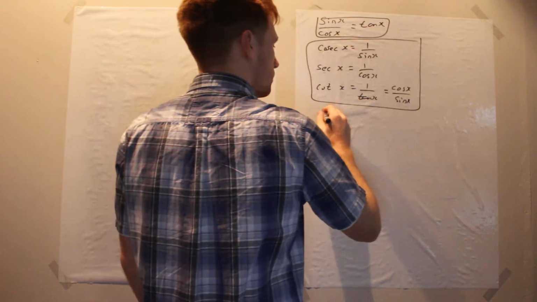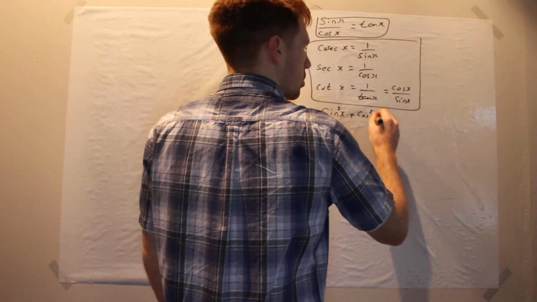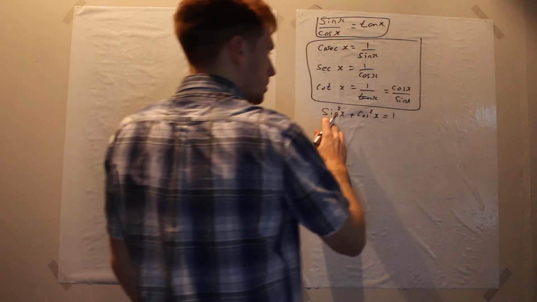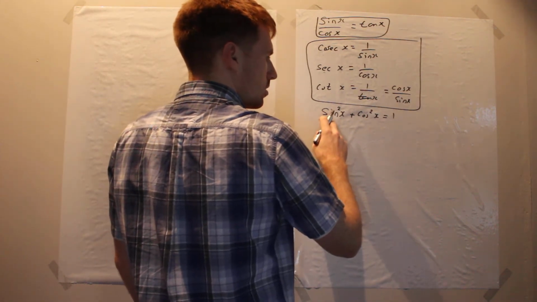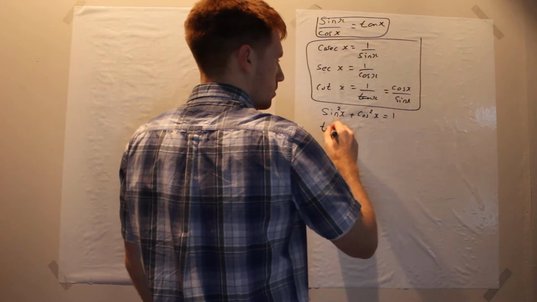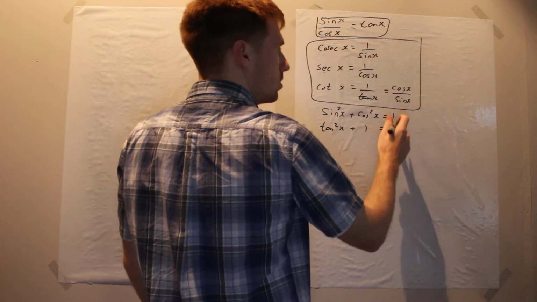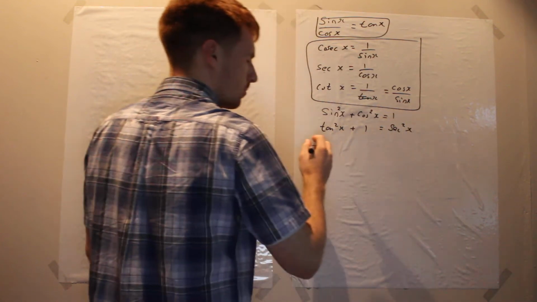Then we also know Pythagoras theorem. Sine squared of x plus cos squared of x is equal to 1. But we need to know the other two forms of that as well. So the first one, divide through by cos squared. Sine squared divided by cos squared, tan squared of x. Cos squared divided by cos squared, 1. 1 divided by cos squared, we've got sec squared of x.